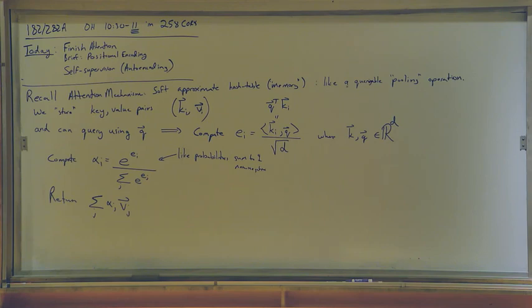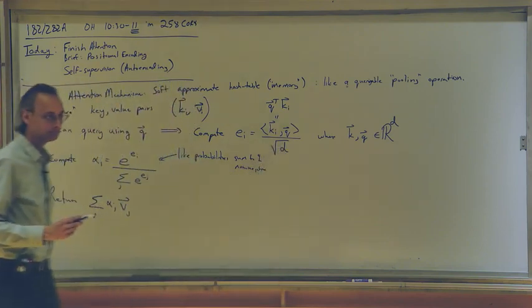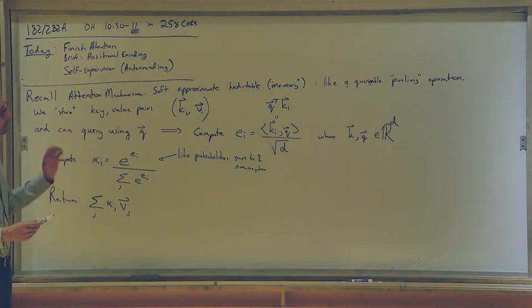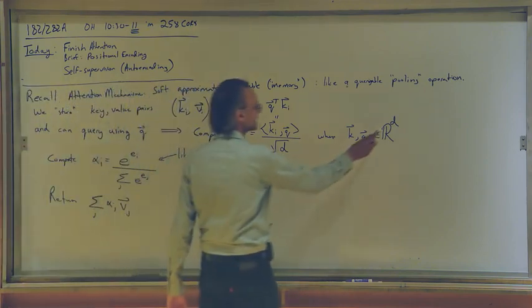So you look at this operation, and now you can better appreciate why it is, we went very fast through this at the end of the last lecture, why it is that we do this normalization by square root of d. So we said last time, we're doing this normalization so that we don't have a huge qualitative dependence on this dimension d.